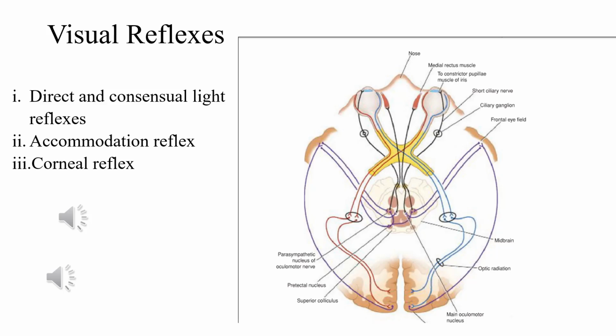In the light reflex, after synapsing in the ciliary ganglion, the fibers from the Edinger-Westphal nucleus pass to the constrictor pupillae, because the constrictor pupillae and the ciliary muscle are both supplied by the autonomic nervous system, the parasympathetic postganglionic fibers through the short ciliary nerve. In the accommodation reflex, the fibers coming from the cortex synapse in the motor nucleus and also in the Edinger-Westphal nucleus. Those from the Edinger-Westphal nucleus pass on to the ciliary ganglion and then to the ciliary muscle.